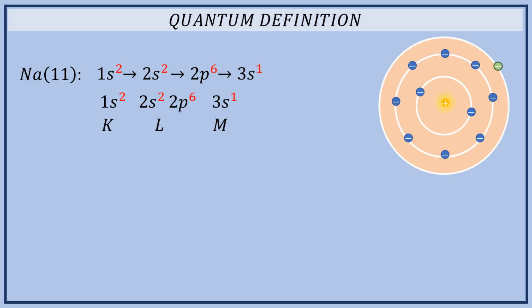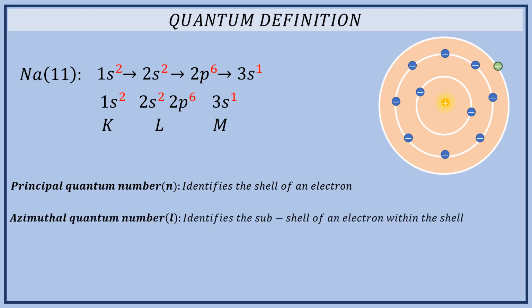So we use a set of four quantum numbers to specifically pinpoint an electron within the atom. First one is principal quantum number, which identifies the shell of an electron. Second one is azimuthal quantum number, which identifies the subshell of an electron within the shell.